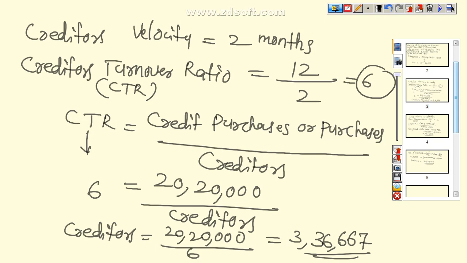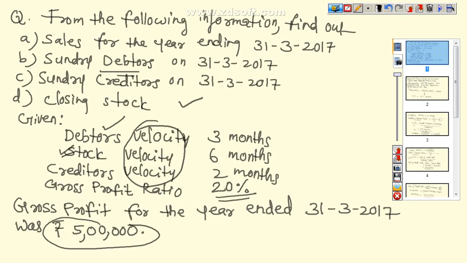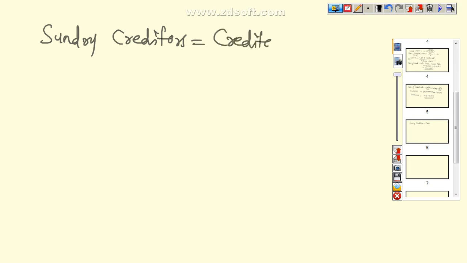Now according to the question, what we have to calculate? Sundry creditors. Sundry creditors is equal to creditors minus bills payable.